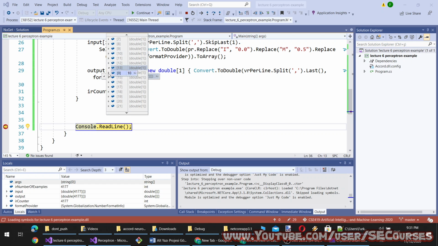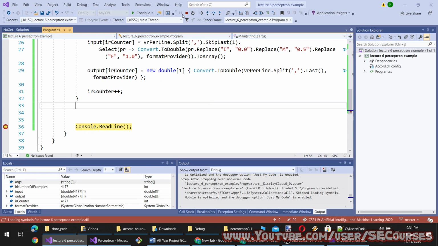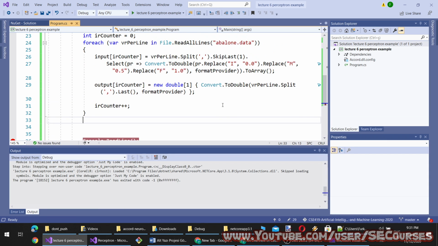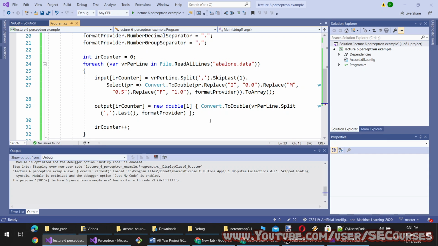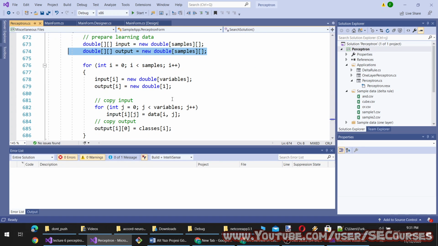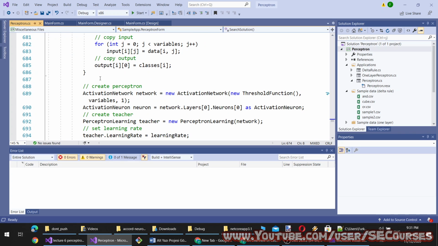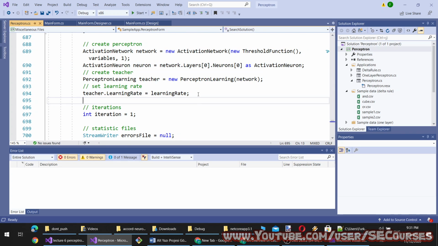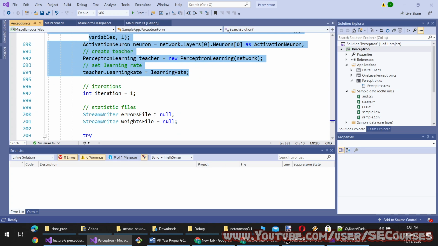Okay, and it looks correct. All right, now we have read the data in the format our framework requires. Now we have passed this part, and then there is the perceptron part.